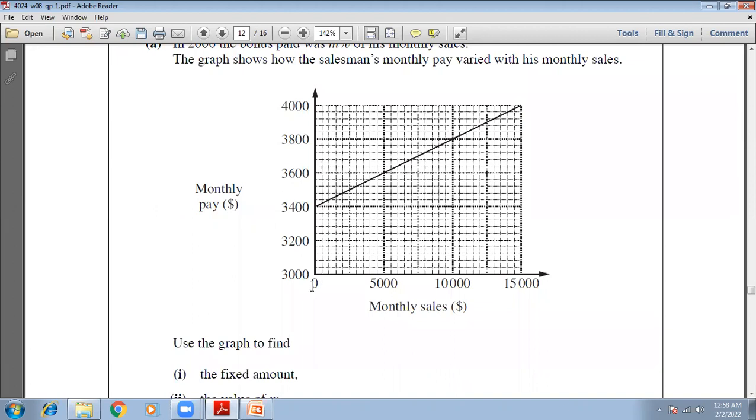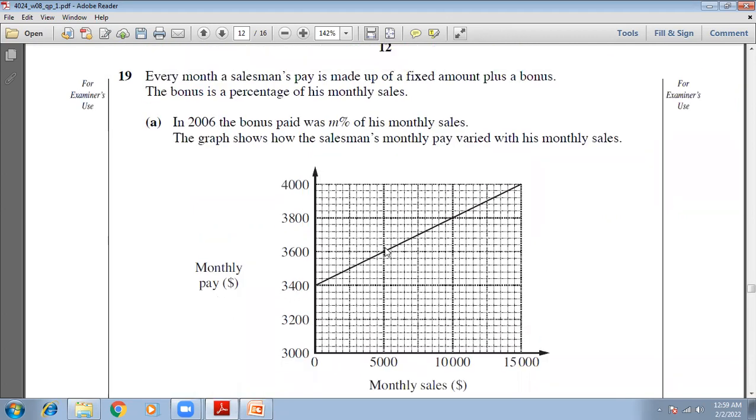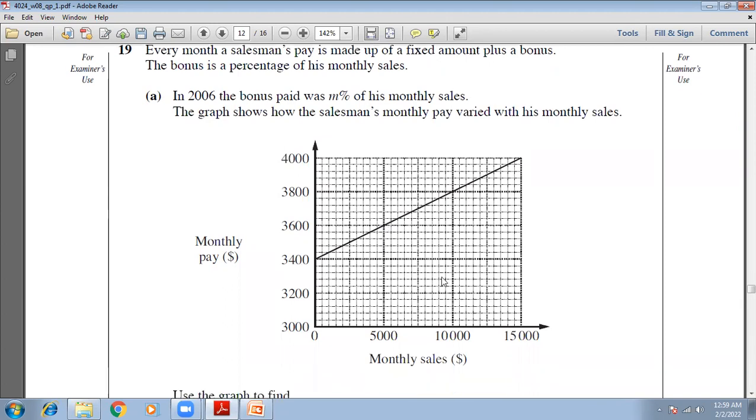Okay. So when there is no sale, he gets $3,400. So that $3,400 is his fixed salary, and then he will make the commission on selling these items.